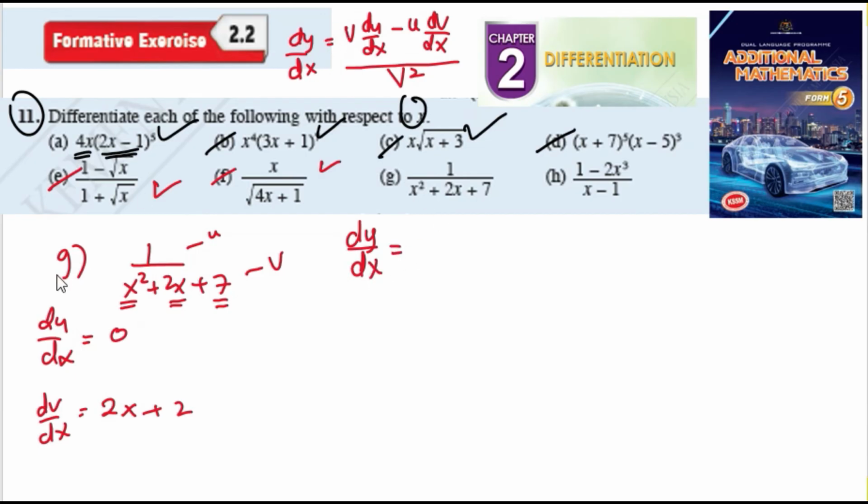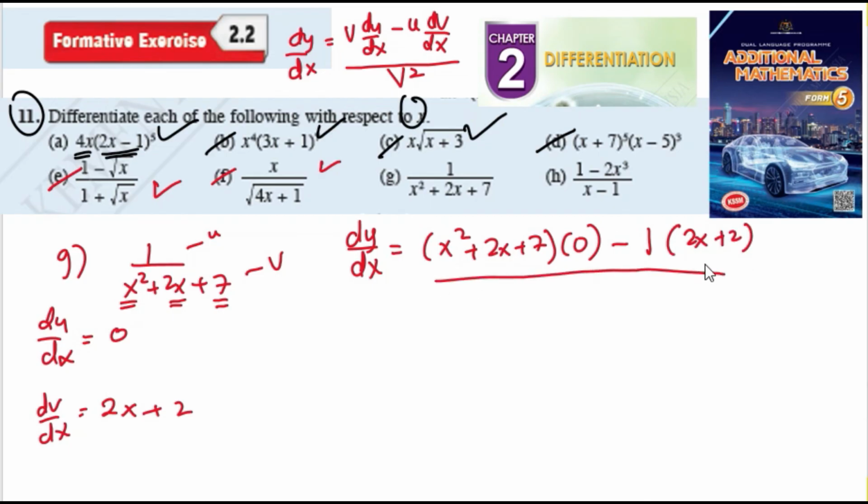So v is equal to x squared plus 2x plus 7, du over dx is 0, minus u is equal to 1, dv over dx is 2x plus 2, divided by v squared. So v squared, you get x squared plus 2x plus 7 squared. So multiply with 0, you get 0.